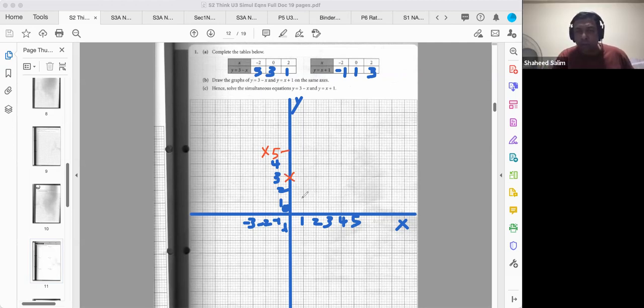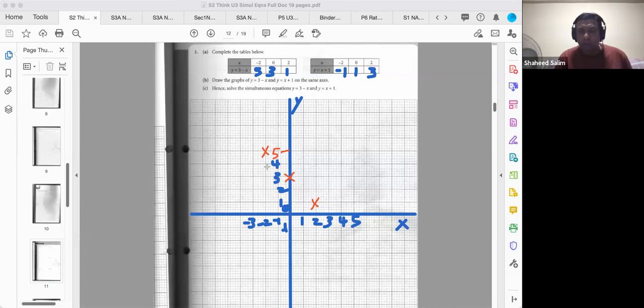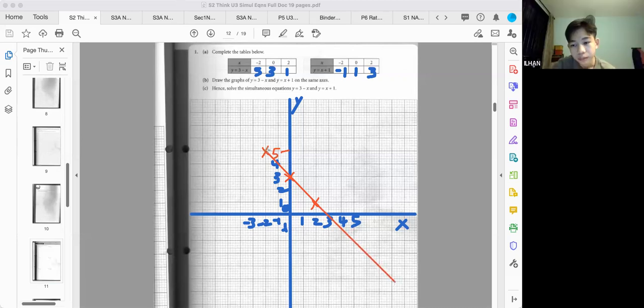Do you think it's a straight line? Let's see. We put exactly down here. Maybe my drawing might not be exact. If we go further, you find that it's a straight line, and then you can go up also.